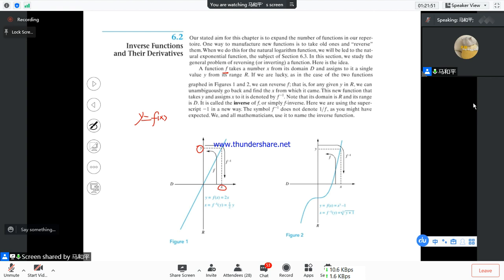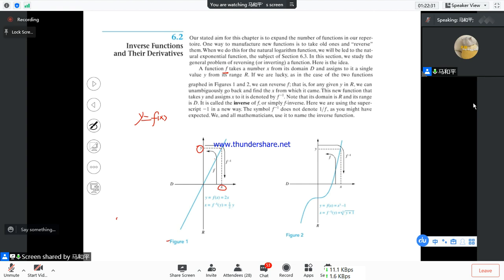If we are lucky, as in the case of the two functions graphed in figure 1 and figure 2, we can reverse. First we input x and output y. But if we input y, this means we choose a number y from its range, and here we can produce x.